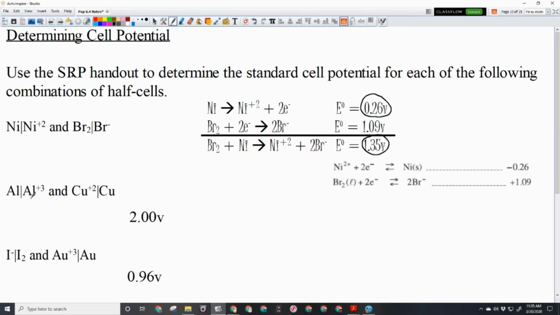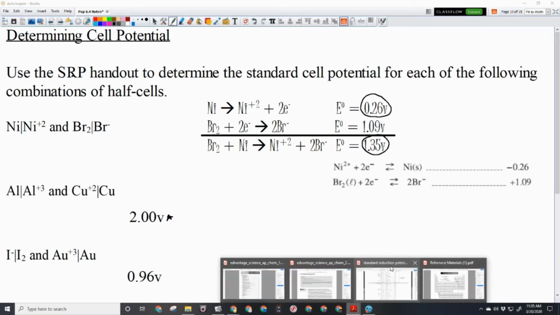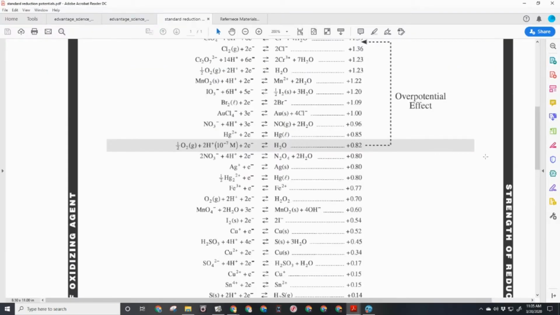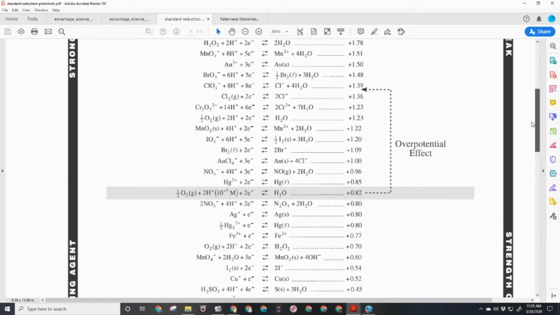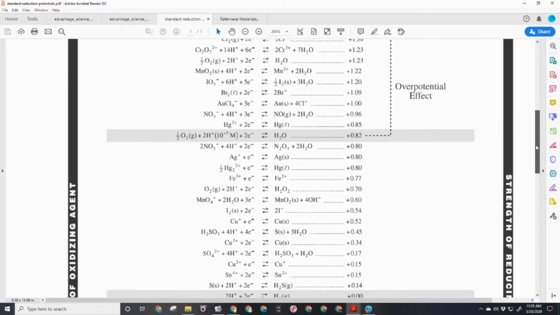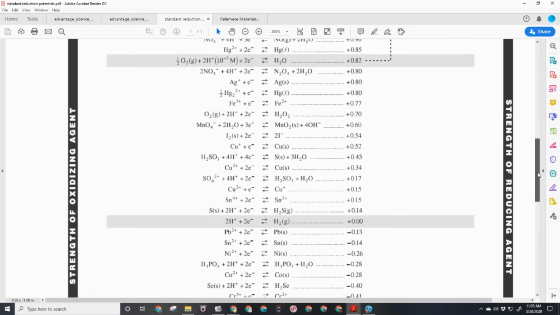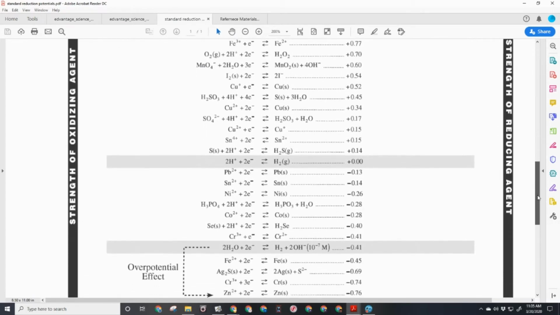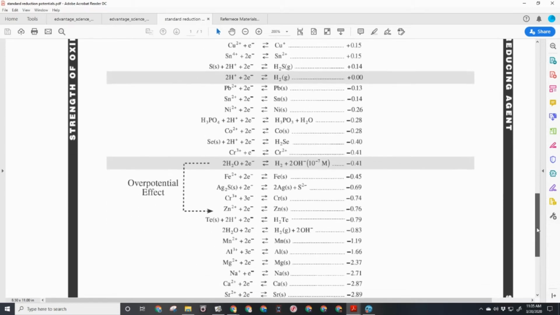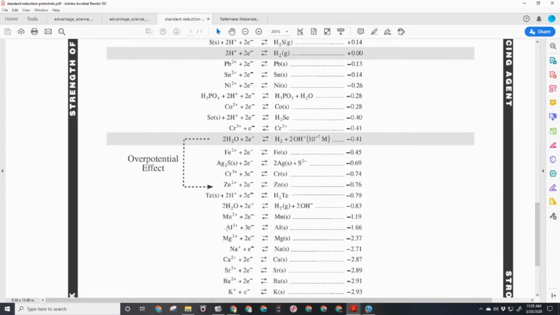All right, so let's look at this one. This is the answer. We should end up with 2.0. So let's find aluminum going to aluminum +3 on our SRP. Where's aluminum? Here it is, aluminum +3 to aluminum.